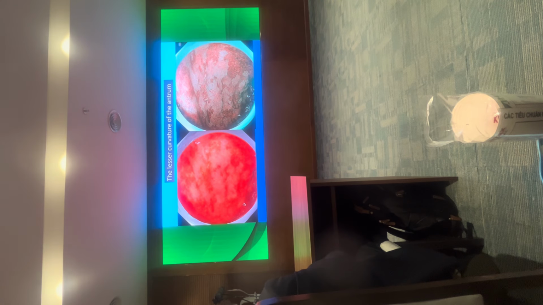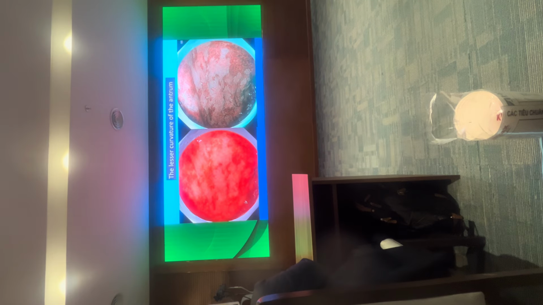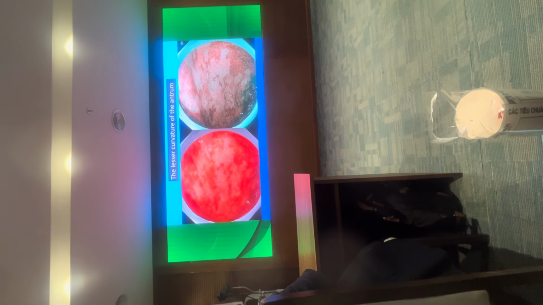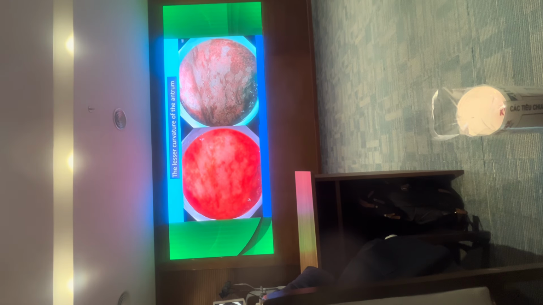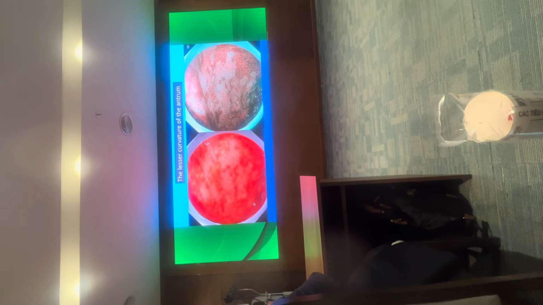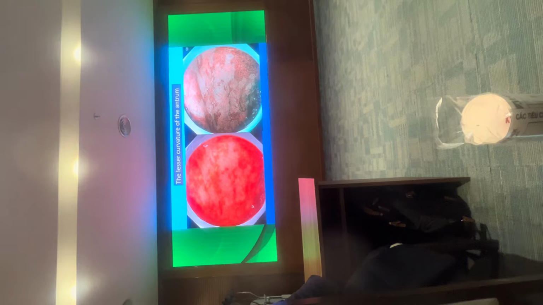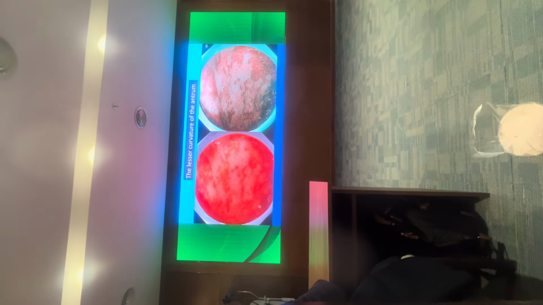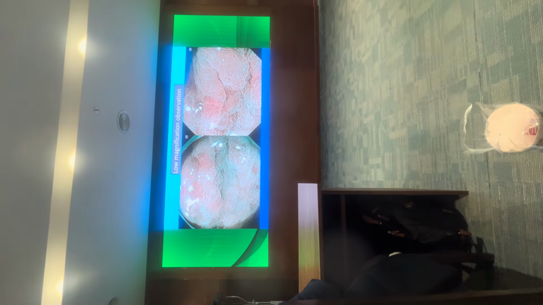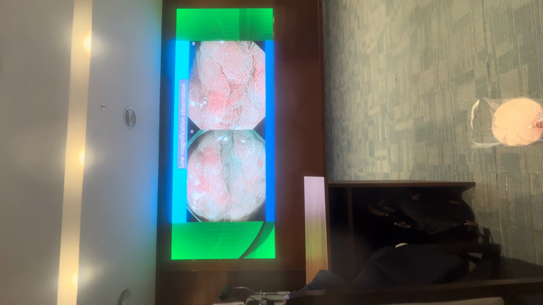I will show you two cases. This region is on the lesser curvature of the antrum. On white light image and NBI image, this region appears to be a little bit irregular, but I couldn't diagnose whether it's cancer or not. So I brought the scope closer to this region and observed at low magnification.